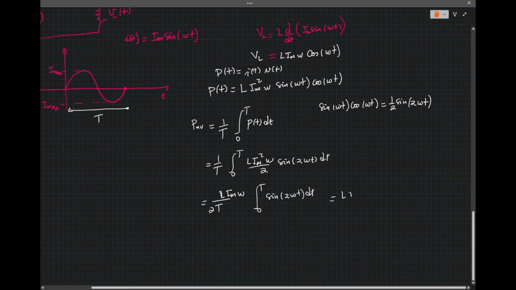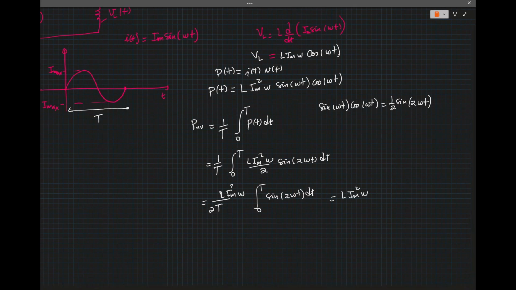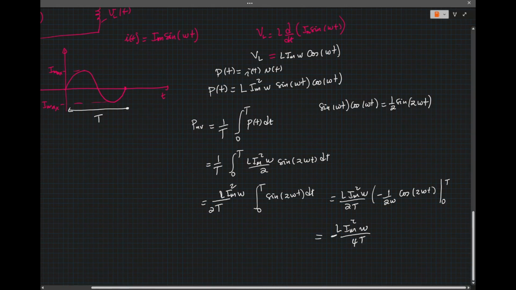So I have minus 1 over 2 omega cosine 2 omega t from 0 to T. The omega cancels out, this becomes 4, and I put the minus in front, and this gives me cosine 2 omega T minus cosine 0.